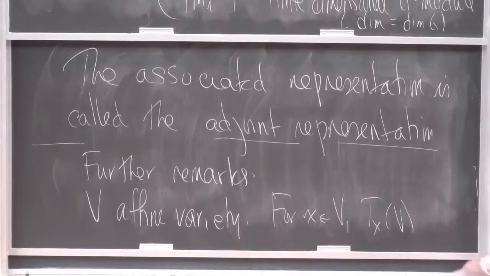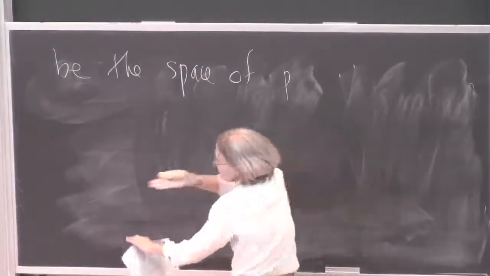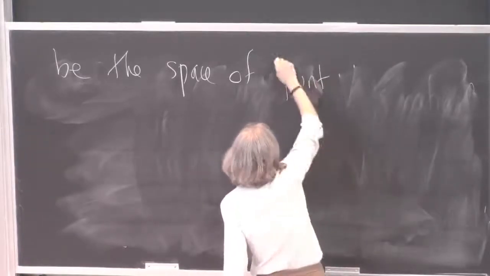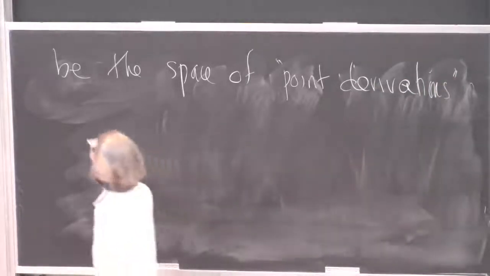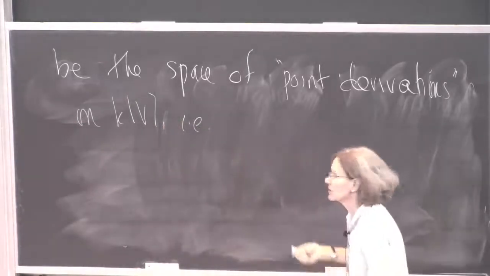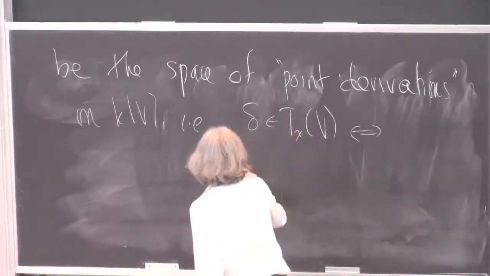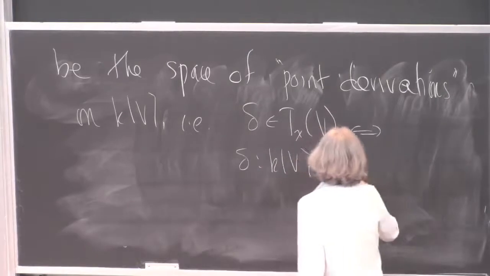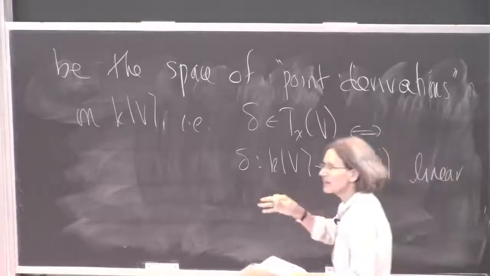So let's let this be the space of point derivations on K of V, i.e., a point derivation delta is in there if it's a linear map on this coordinate ring that's a derivation in some sense.